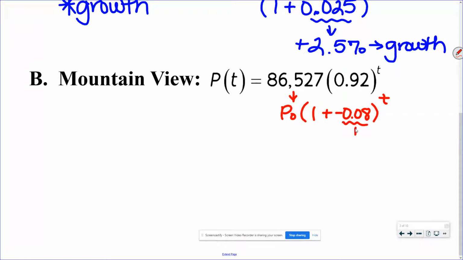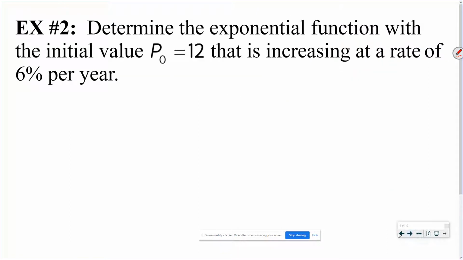And then if you had to turn negative 0.08 back into a percentage, it would be negative 8%, right? So when you see the negative, that tells you that you actually have an exponential decay. And in the case of our problem, that would mean that the population of this town is actually decreasing. So this one would be an exponential decay. The population is decreasing there.